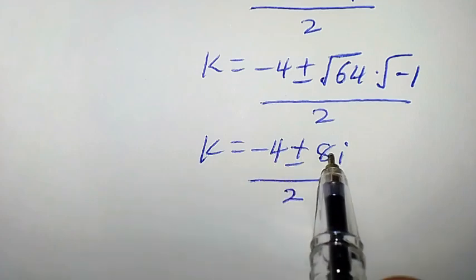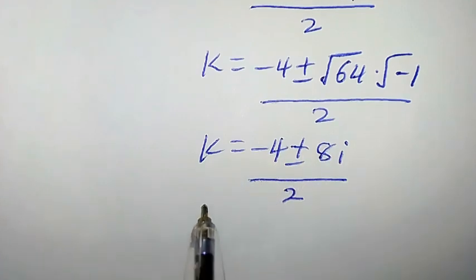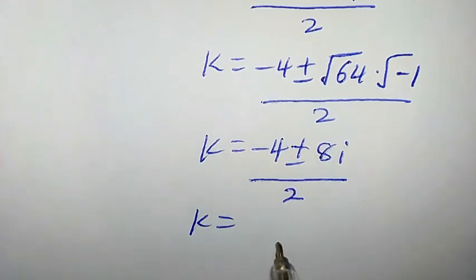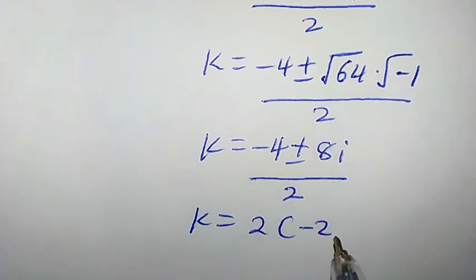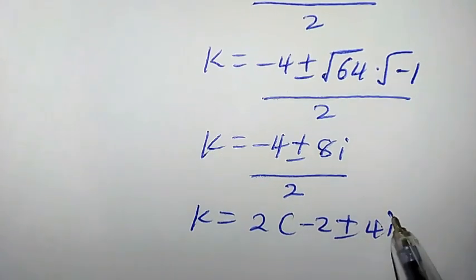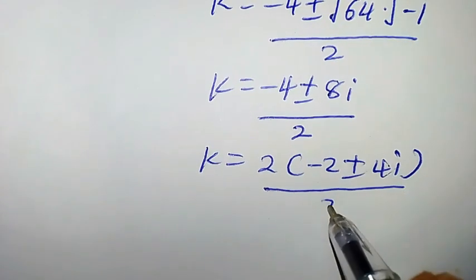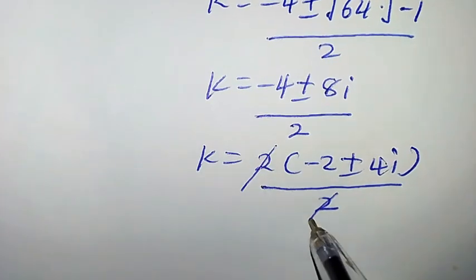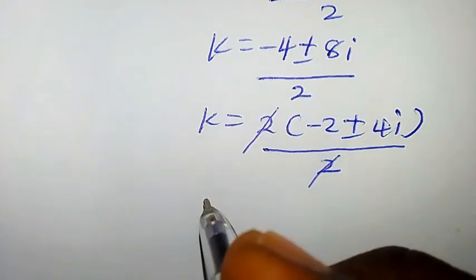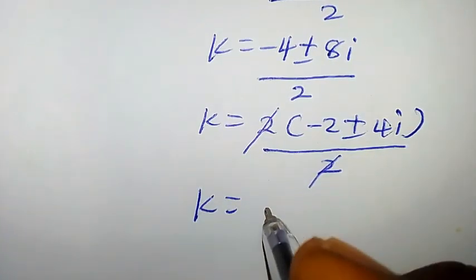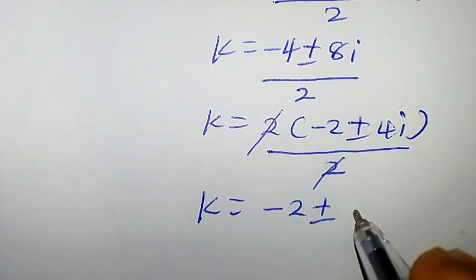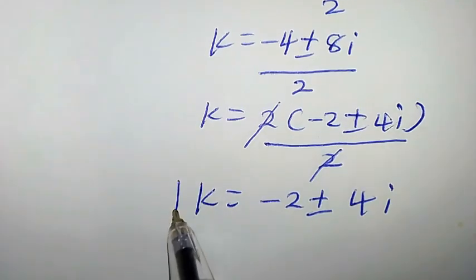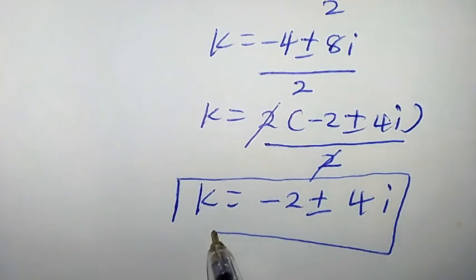We can pull out positive 2 out. So doing that, we have k equal to 2 into negative 2 plus or minus 4i over 2. Clearly, the 2s cancel each other. So we are left with k is equal to negative 2 plus or minus 4i. This is the second solution.